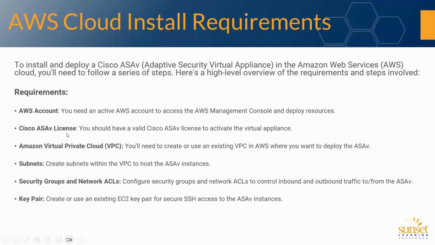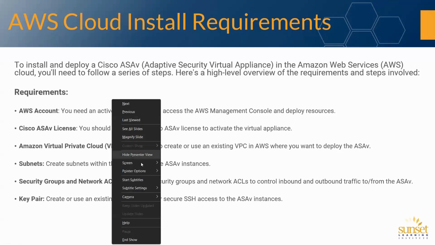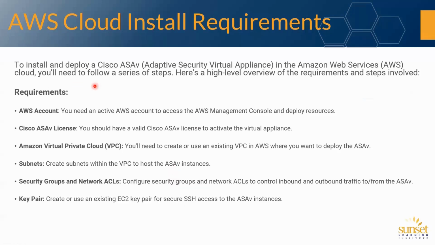The first thing you're going to have to do, and let me pull out my pointer here, is get an AWS account. I think that goes without saying. You're also going to have to get a license. Keep in mind, just because it's a virtual appliance does not mean that it does not have to be licensed. We want to license it so we can get things like IDS, IPS definitions.